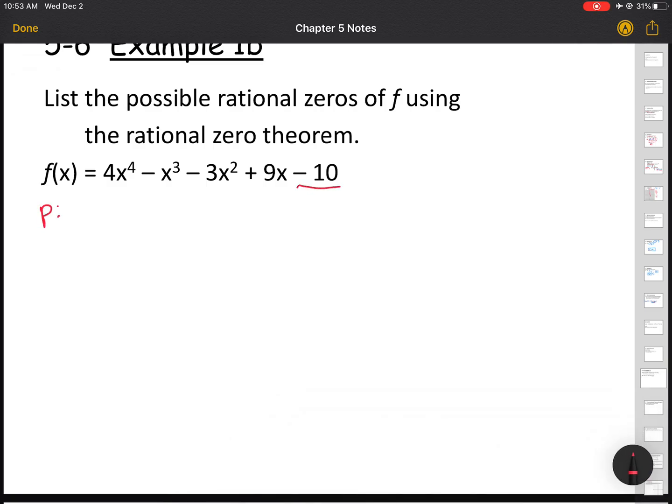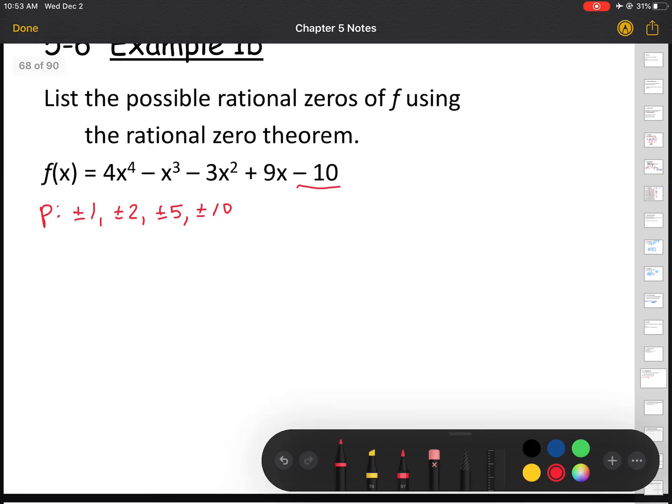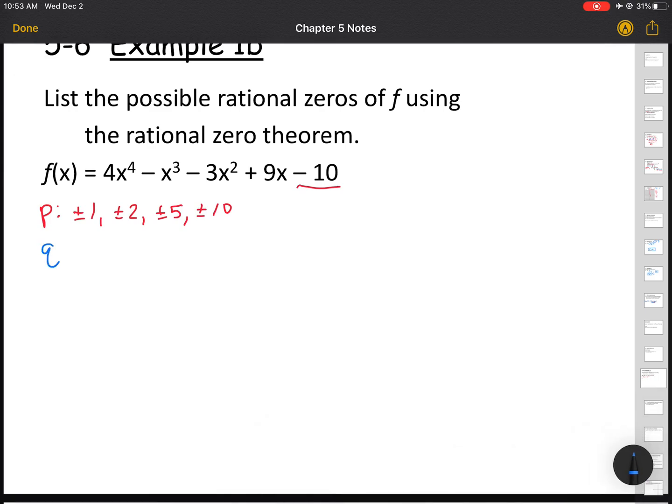If I look at my factors of 10, 1, 2, 5, and 10 are all factors of 10 in the positive or negative case. And now we're going to look at q, or factors of our leading coefficient. My factors here are 1, 2, and 4, all in the positive or negative case.